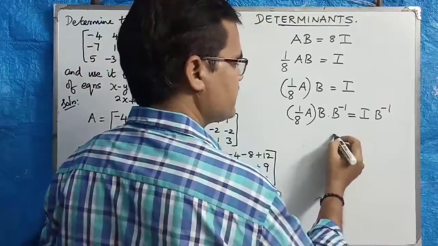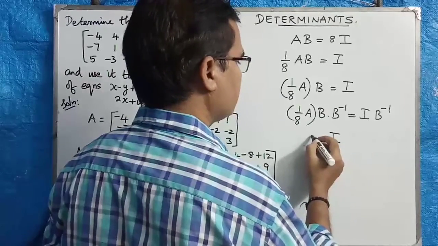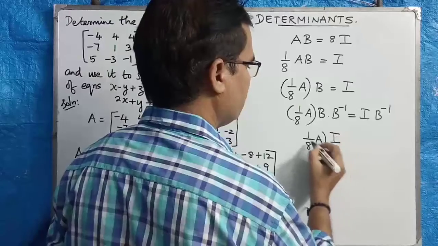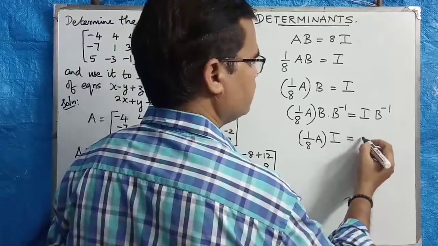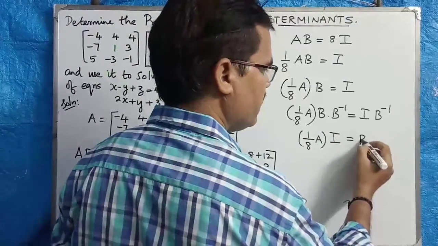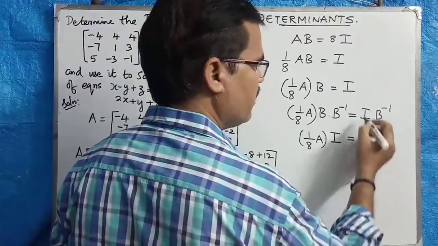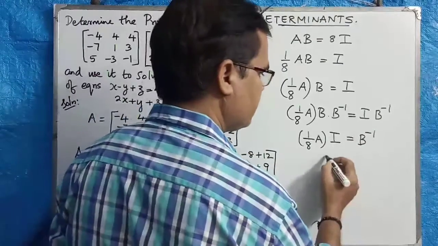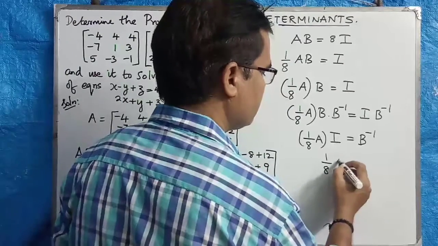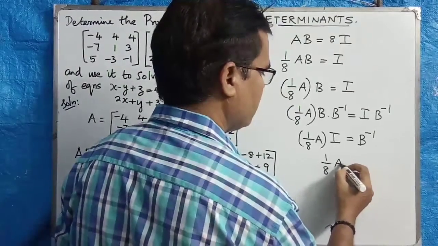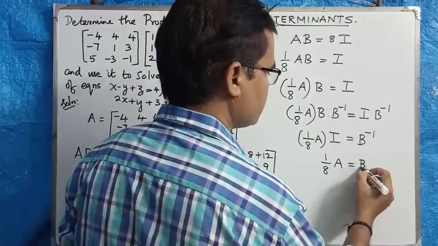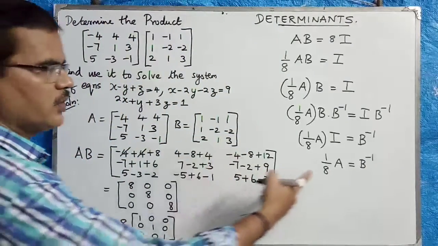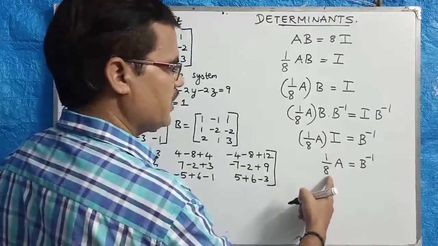Now B B inverse is I. So we have 1 by 8 times A into I equals I into B inverse, which is B inverse, because we know identity matrix into any matrix will be the same matrix. The same case is here. So we have 1 by 8 times A equals B inverse. So the inverse of this matrix we have got using this product, 1 by 8 times A.